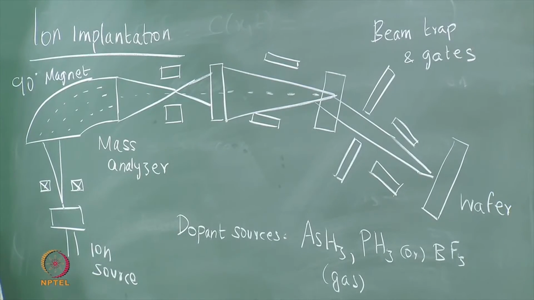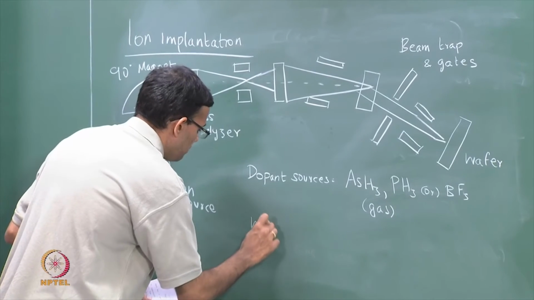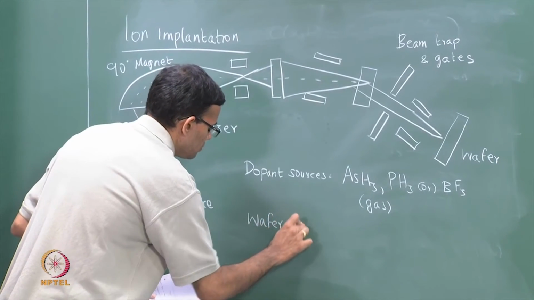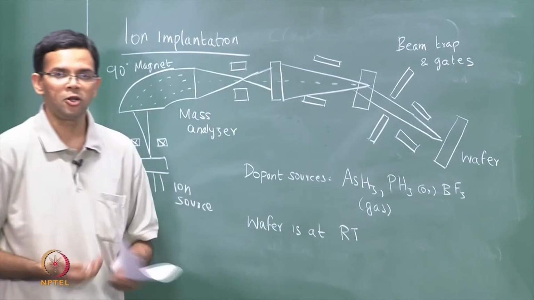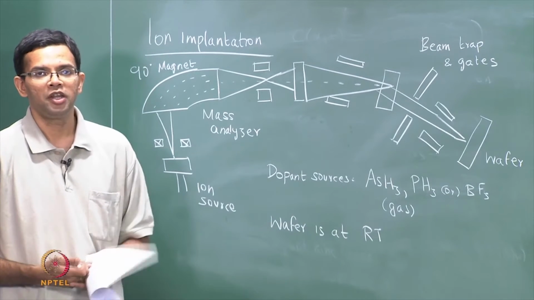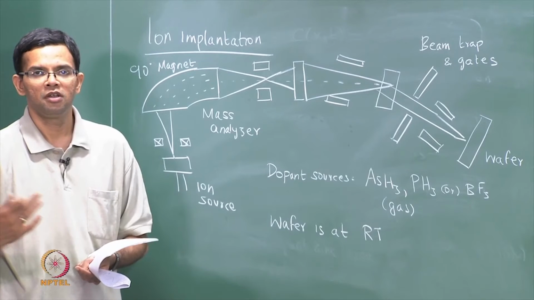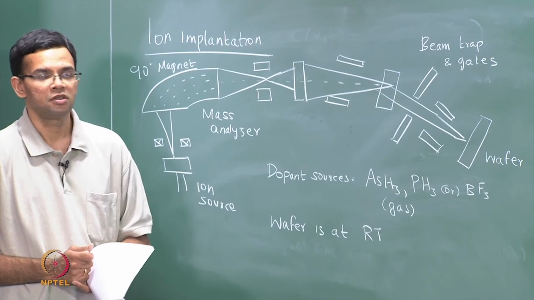So, the advantages of ion implantation are that the wafer is at room temperature, or it is very close to room temperature, which means that we do not have to worry about lateral diffusion from the mask, which is an issue when we look at thermal diffusion.